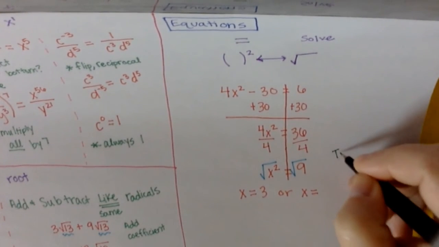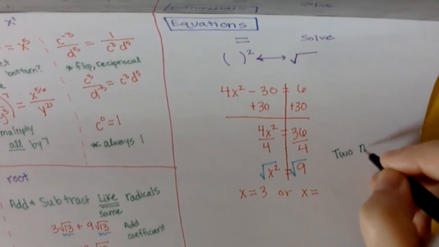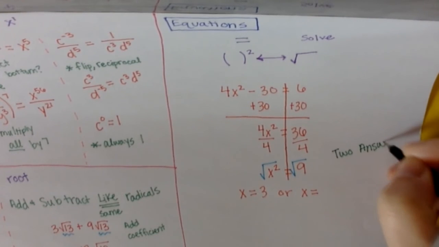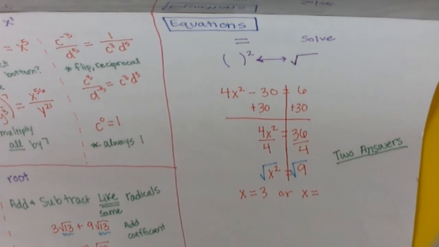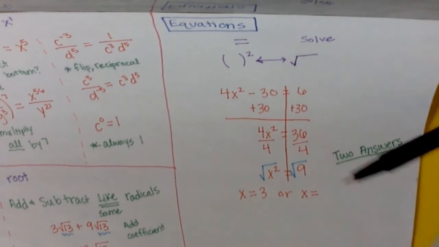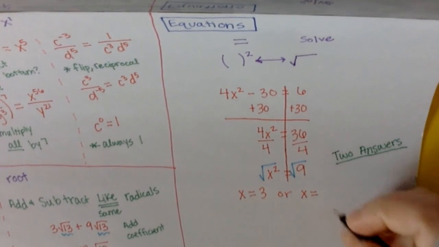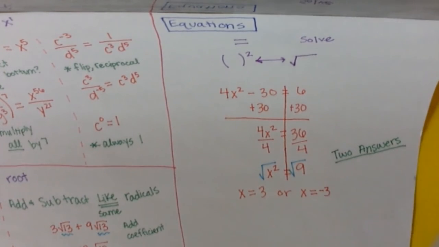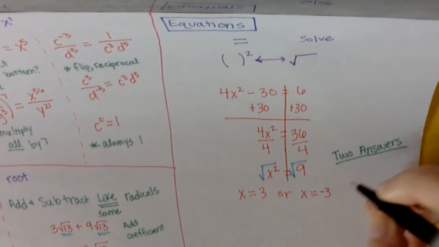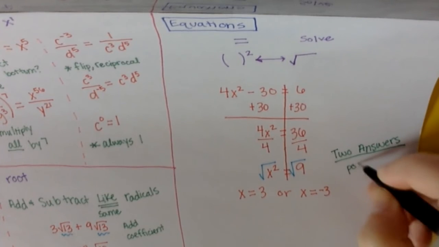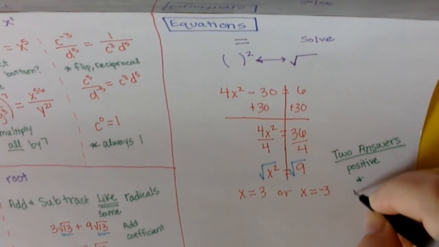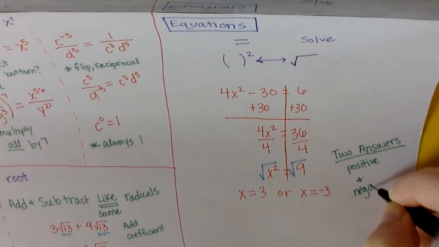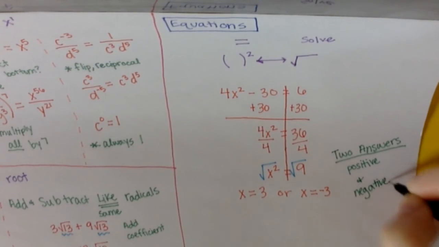And with those two answers, remember, we have a positive and a negative. Sometimes we break that apart sooner, depending on where that squared is. In this case, the squared, there was no parentheses, so we waited till the very end to break it apart.